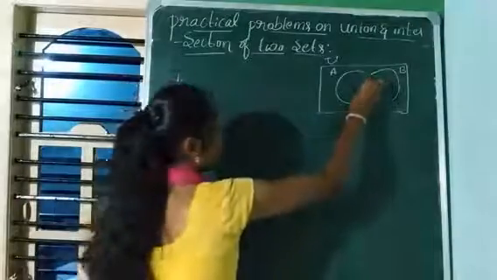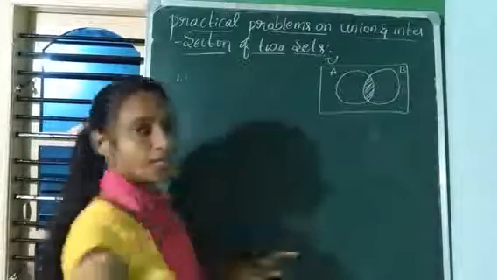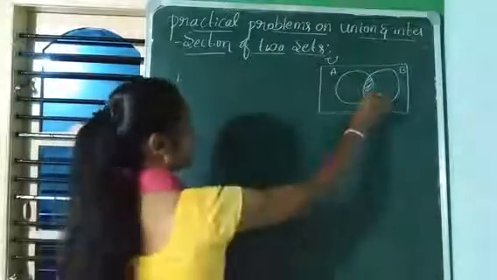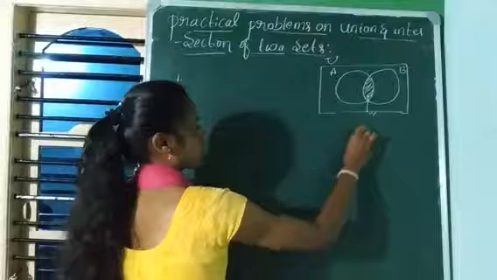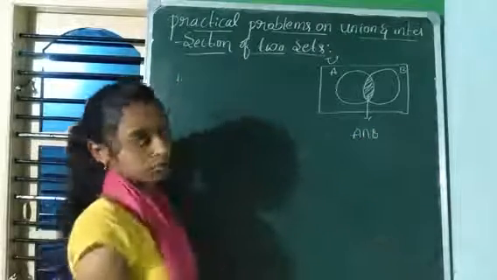So this part we call the intersection of A and B, meaning the common elements in A as well as B. This part is A intersection B, the common elements in both the sets.